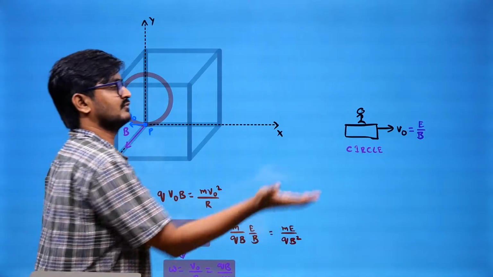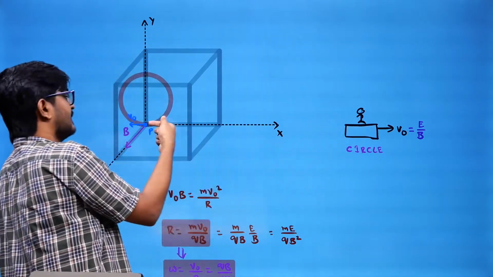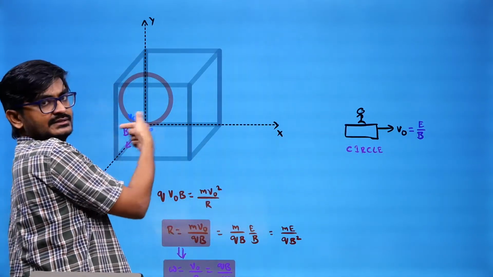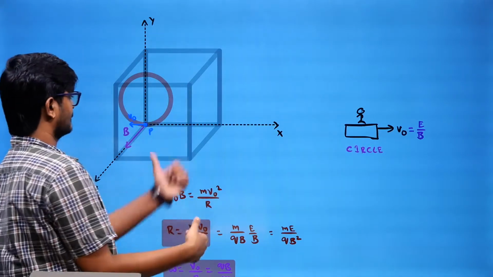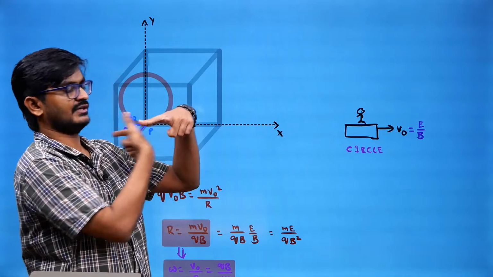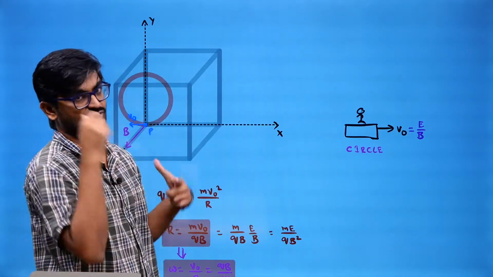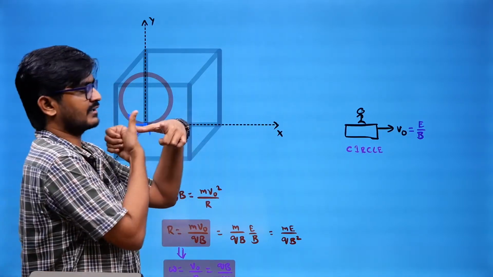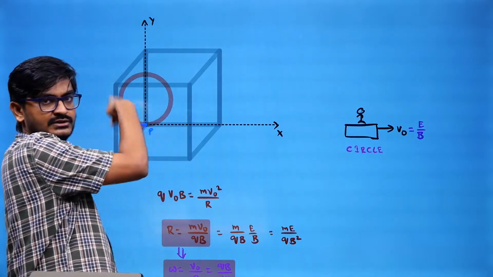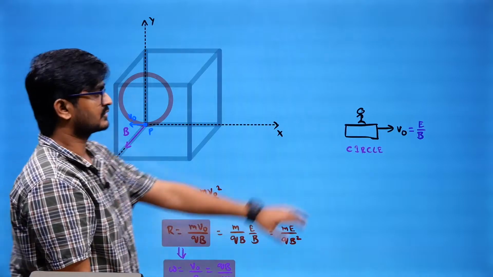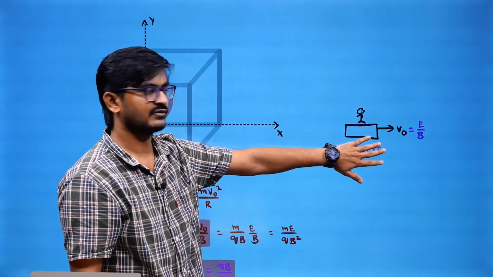So I will feel the particle has extra velocity in this direction. If the particle has velocity in this direction and the magnetic field is in this direction, what kind of path will it follow? v bar cross B bar forces it this way, so it will be performing circular motion. So from this frame, I will feel it is performing circular motion.